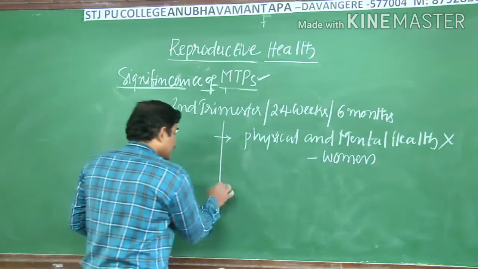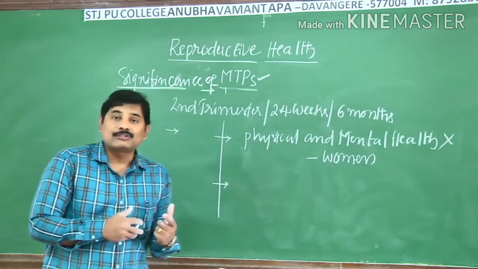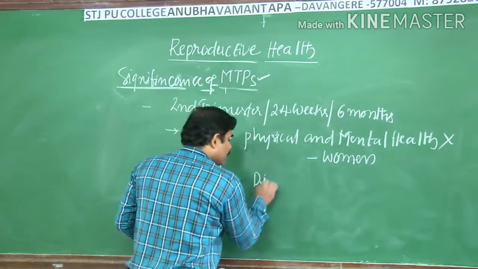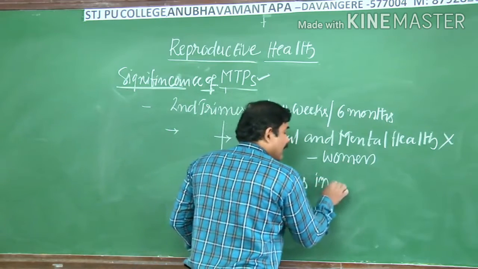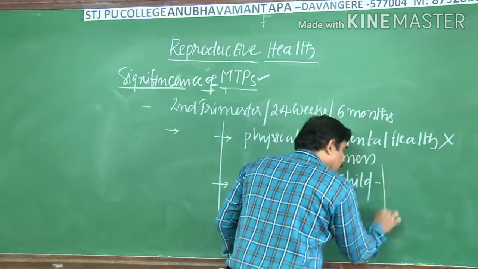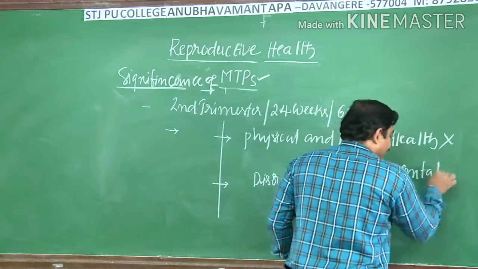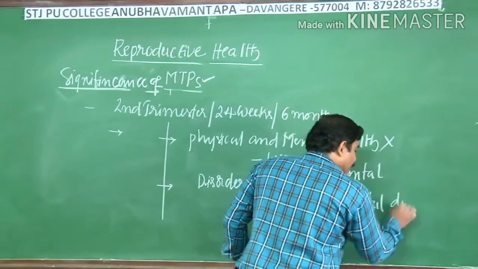And the second is that sometimes continuation of the pregnancy may cause malfunctioning or disorders in the child, related to mental and genetical disorders.